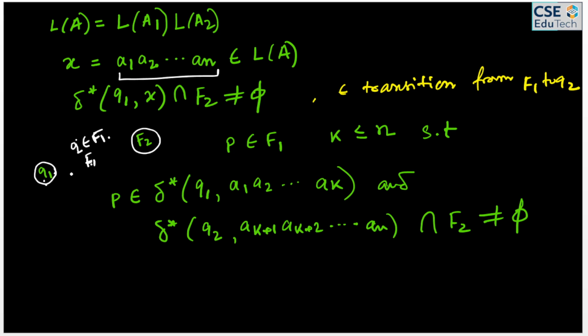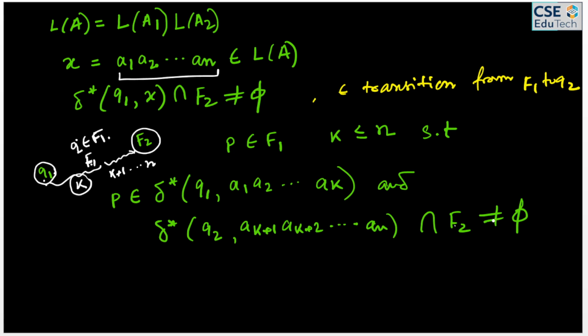From Q1 up to that state, it processes the string of length k, and after reaching state q, the remaining string, from k plus 1 to n, is processed and reaches some state of F2, and if we intersect with F2, it should not be empty.